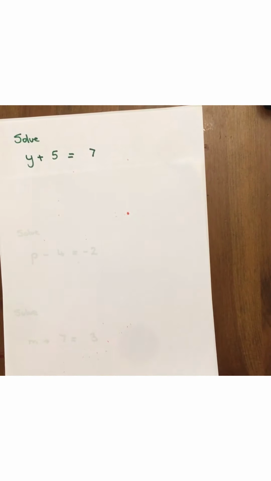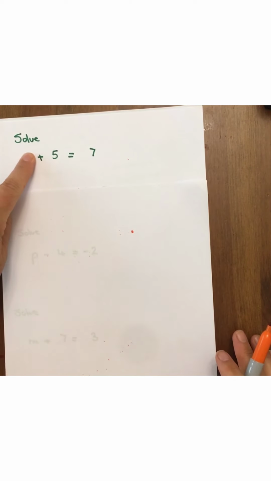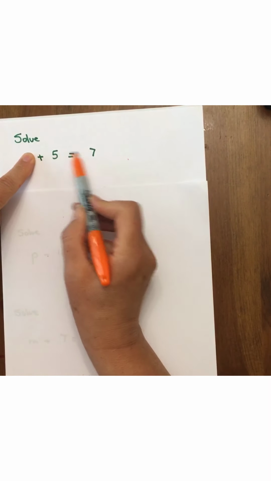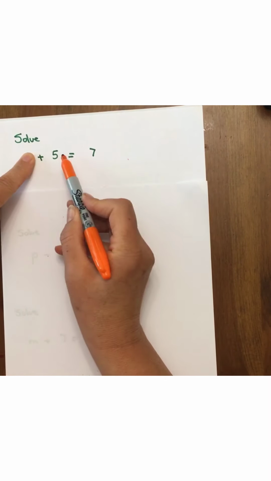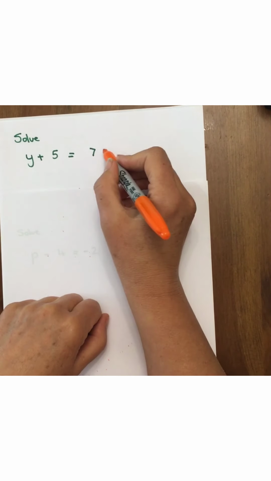Okay, let's look at this one. Solve y plus 5 equals 7. If I covered that up, what would the number underneath my finger be? Well, what do you add to 5 to get 7? You add 2 to 5. Now, if you didn't know that, what are you doing to get 2?